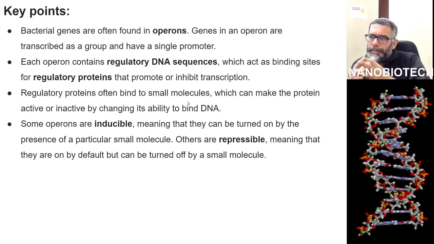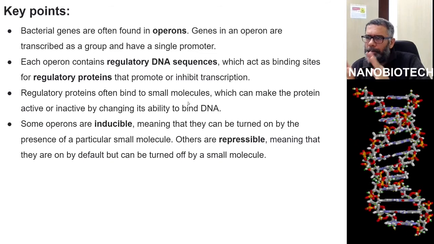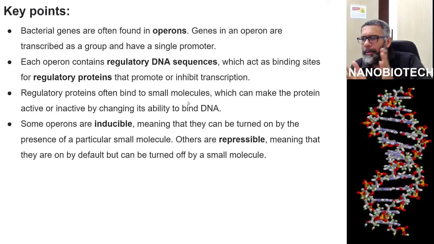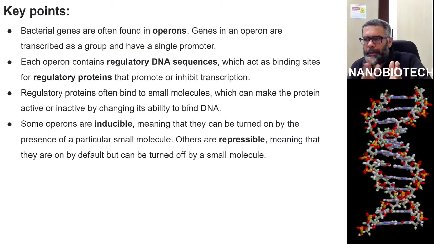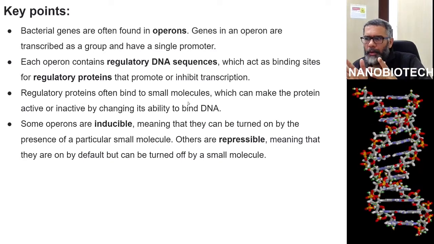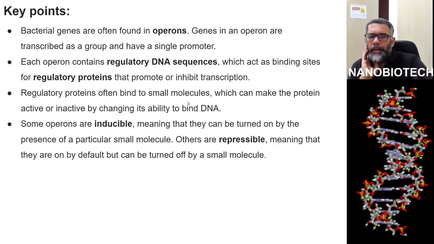Regulatory proteins often bind to small molecules, which can make the protein active or inactive by changing its ability to bind DNA. Some operons are inducible, meaning that they can be turned on by the presence of a particular small molecule. Others are repressible, meaning that they are on by default but can be turned off by a small molecule.